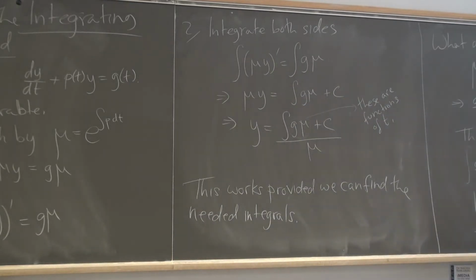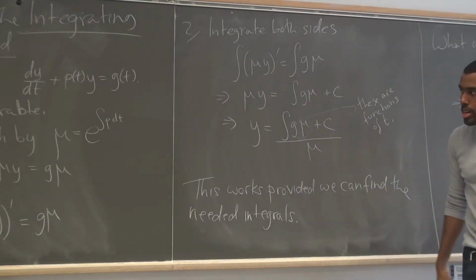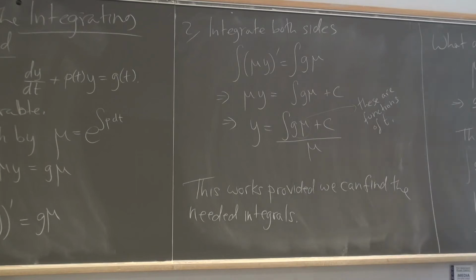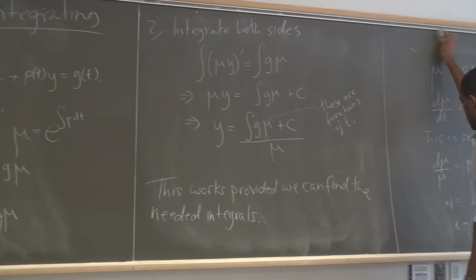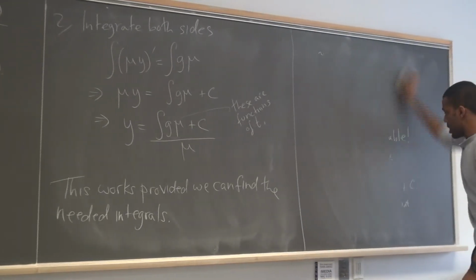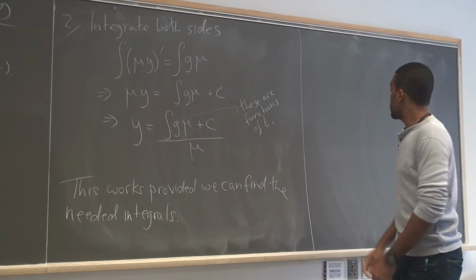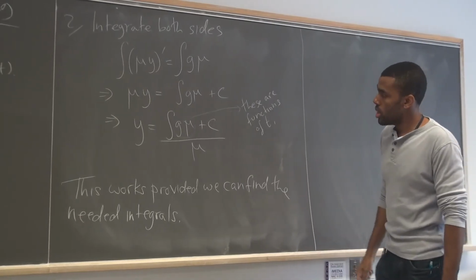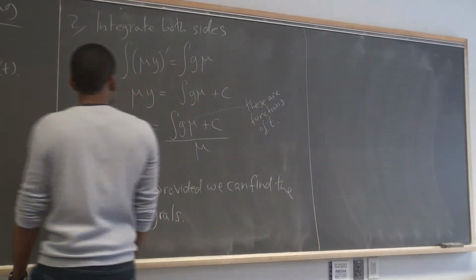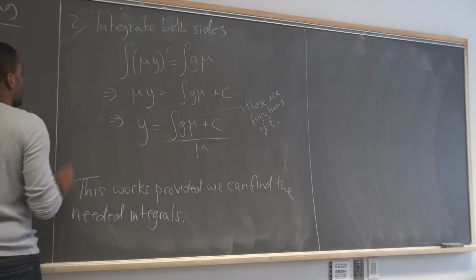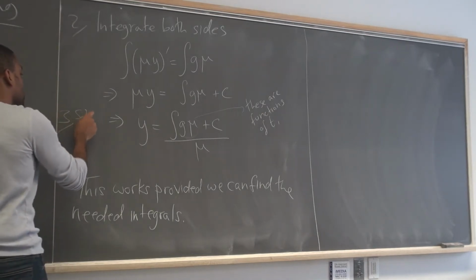So any first order linear equation I can multiply through by this guy, and provided all the integrals are nice, this will always work out. I can always force the left side to become the product rule. This method is called the integrating factor method. And I suppose step 3 is solve for y.